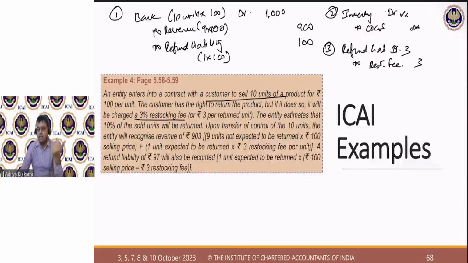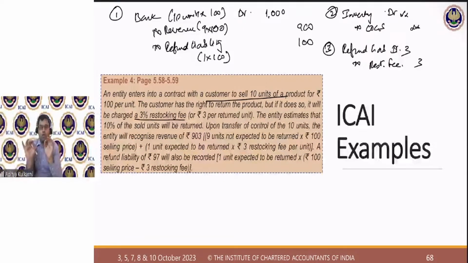In all the previous cases, you don't get confused between contract liability or any other liability. This is not the strict understanding, but I'm giving it in simple words to you. For now, you just understand contract liability is money received now, service or obligation to be rendered later.